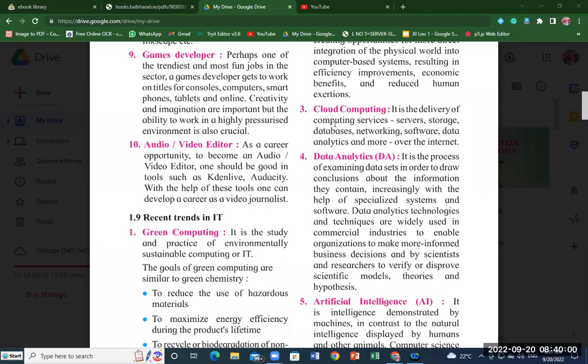You can have certain services provided by it, certain software, or certain platforms. Certain operating systems are also given by cloud computing services, and they are on demand. If you want, you take it. If not, you can leave it, and that is over the internet itself.